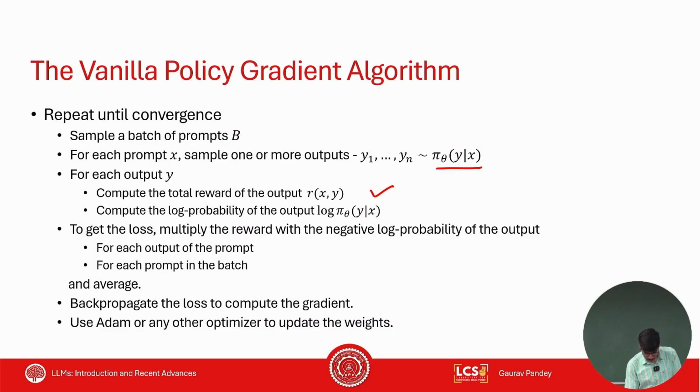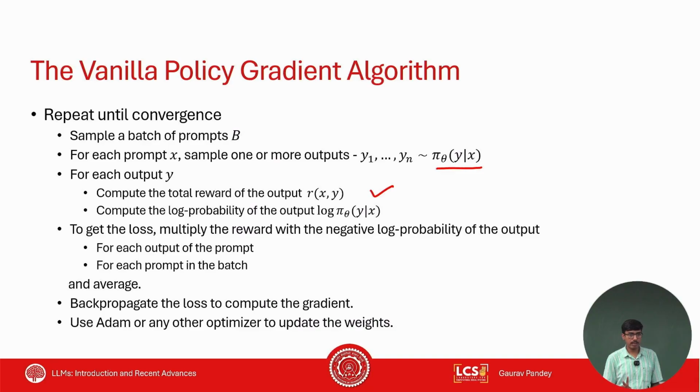This reward may include both the reward model and the negative KL. To get the loss, you multiply these two quantities, reward times log probability, for each output, and average across the outputs. Then you backpropagate, that will compute the gradient, and then you can train.